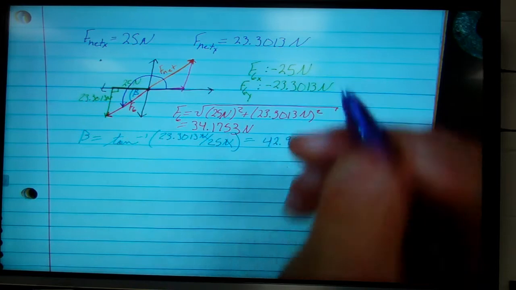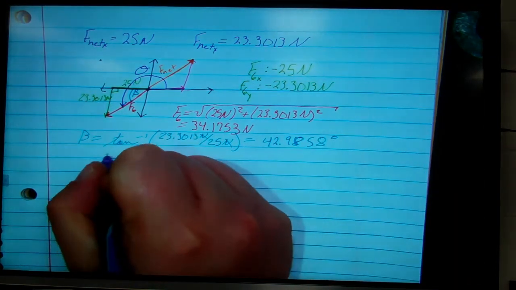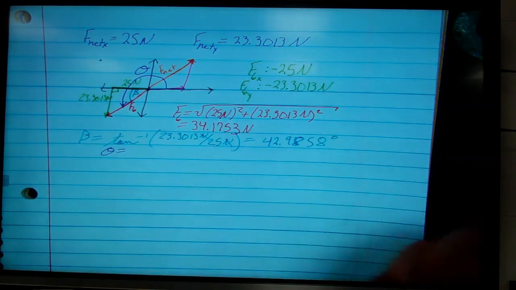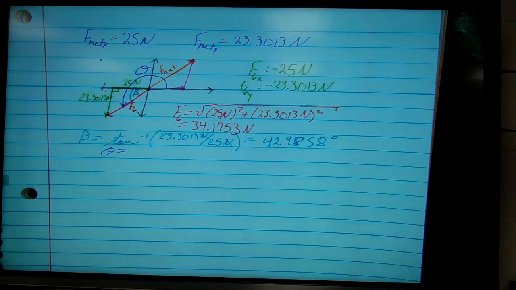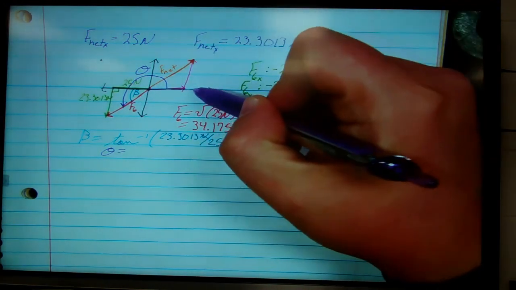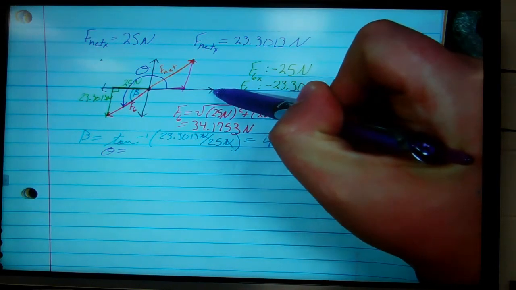So we gotta find that angle. Call it theta. Theta is equal to... Wait, where did theta come from? You gotta have the angle from the positive x-axis, because every angle you're being given is coming from that positive x-axis.